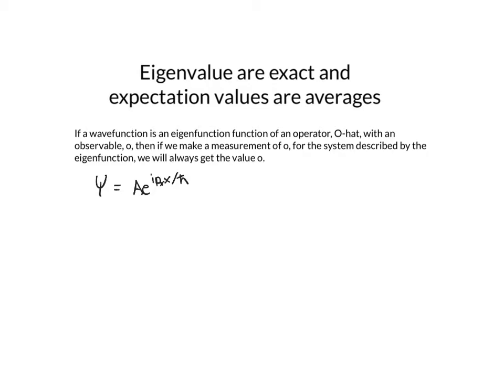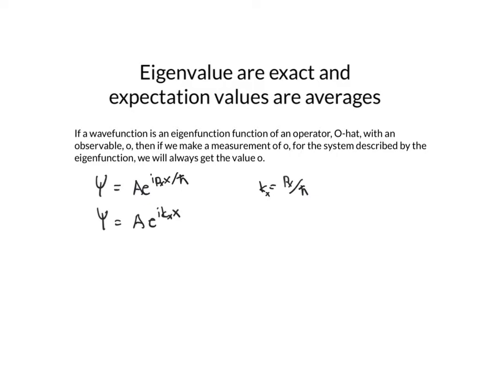So we'll let k, equal to kx, equal p sub x over h bar, just to simplify a little bit. So let's let our wave function equal some constant A times e to the i kx times x.